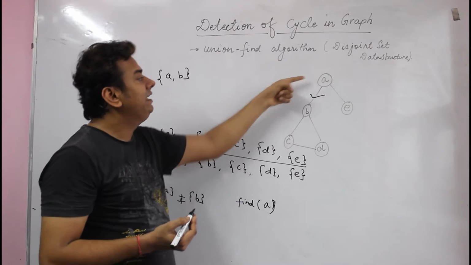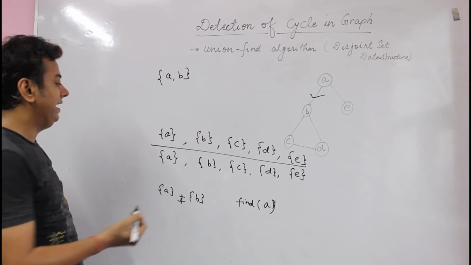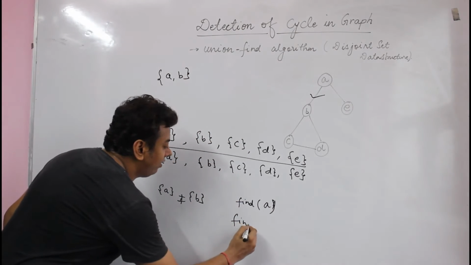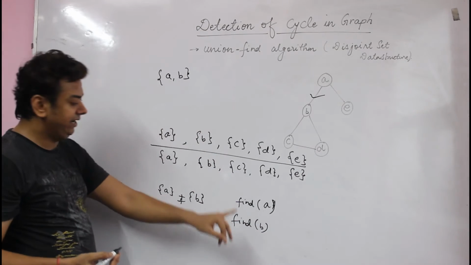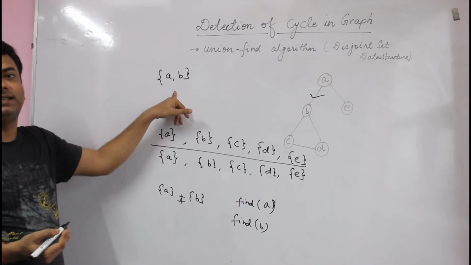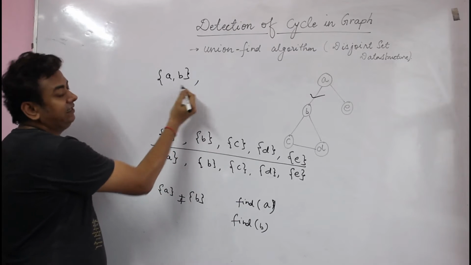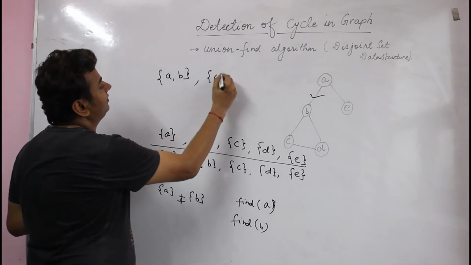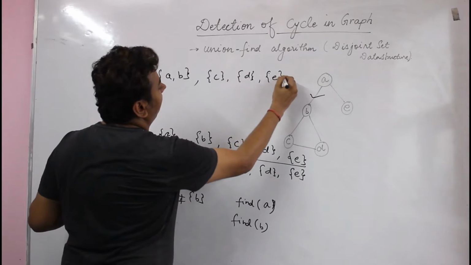Parent of B is of course A, but A is in this set. So when we say find of B, now after merging, find B would result in this set. So now we have this set, we have C, we have D, we have E.